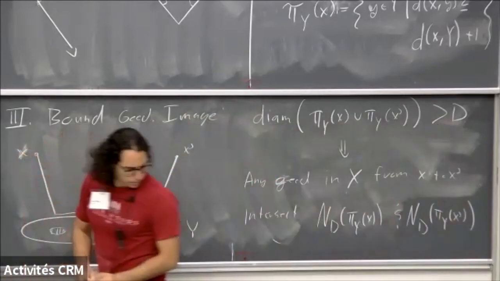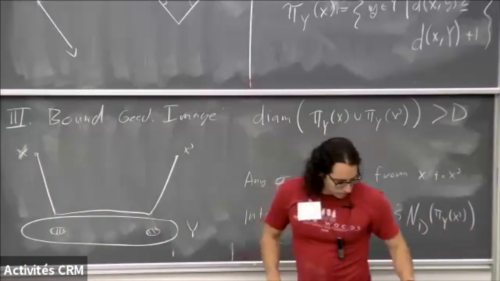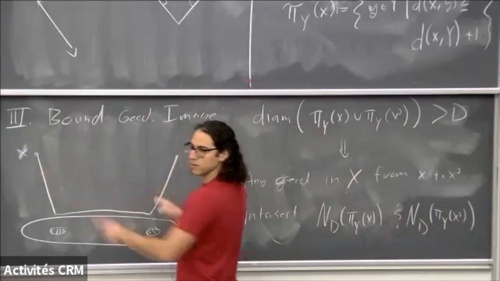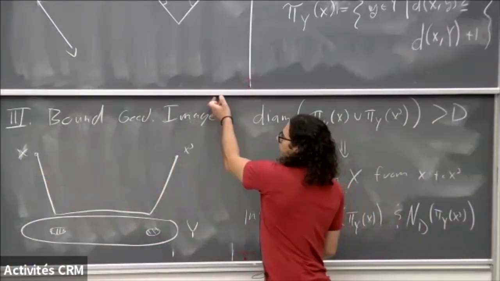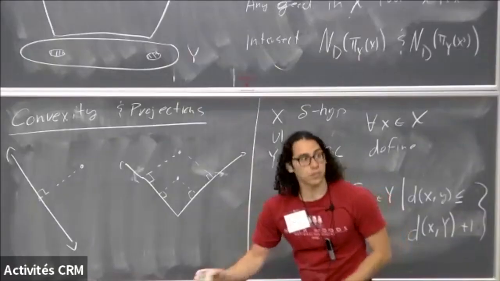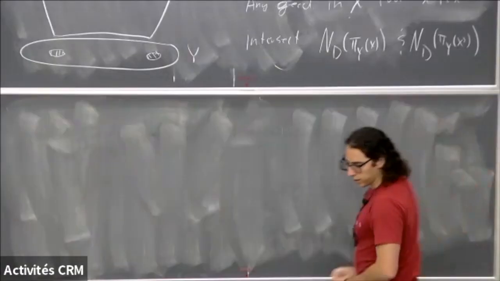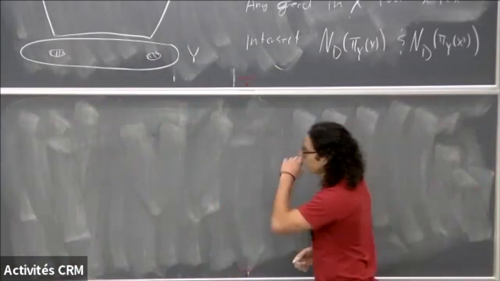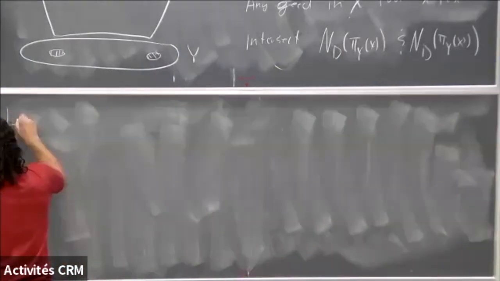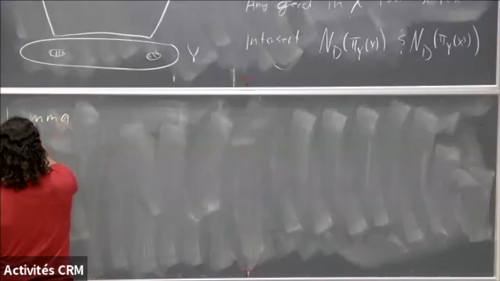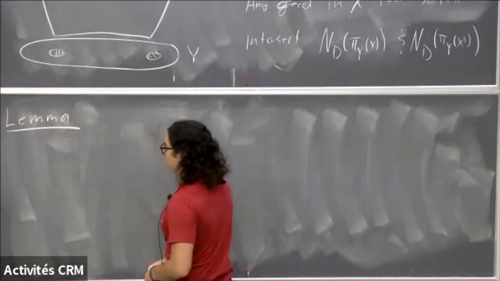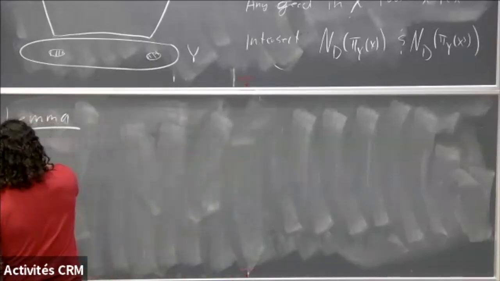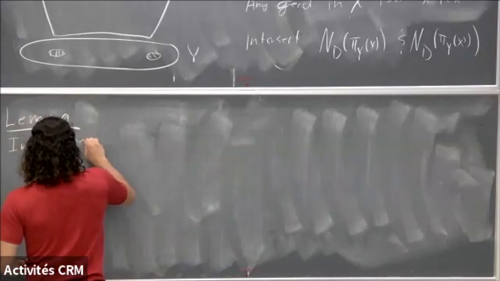Maybe you can convince yourself that these two properties are really the same in different language. Let me mention one of my favorite little facts: it turns out these projection properties characterize being quasi-convex. In a hyperbolic space, this is important because it's not true outside of hyperbolic space.